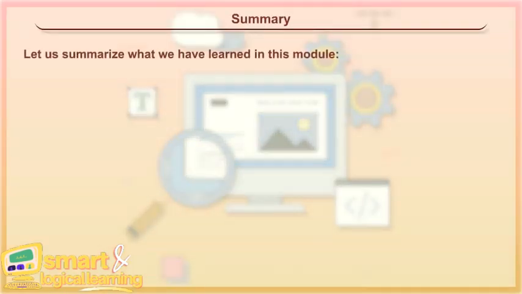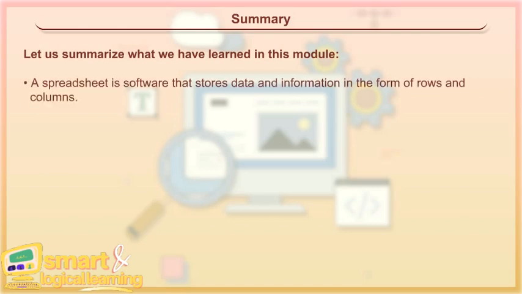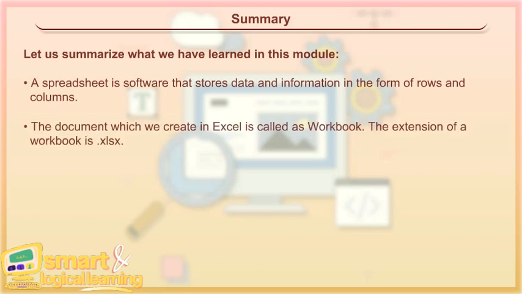Summary. Let us summarize what we have learned in this module. A spreadsheet is a software that stores data and information in the form of rows and columns. The document which we create in Excel is called a Workbook. The extension of a workbook is .xlsx.